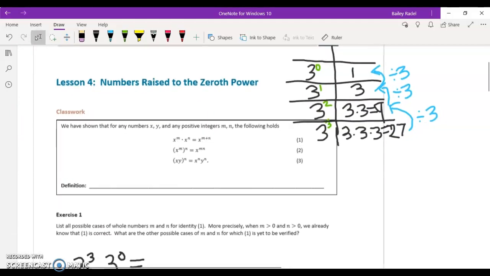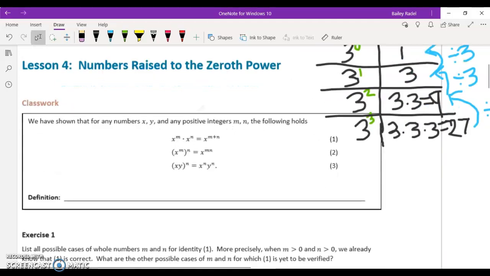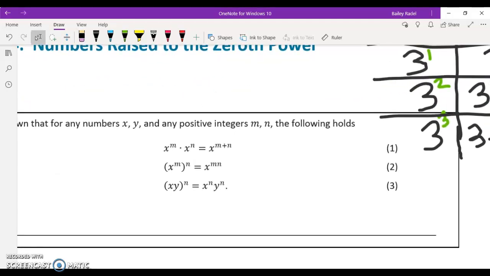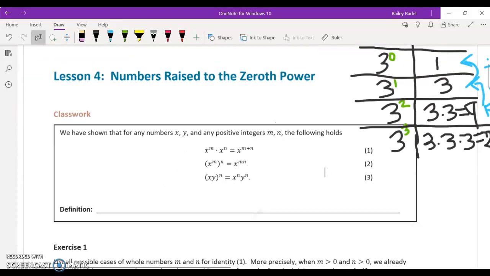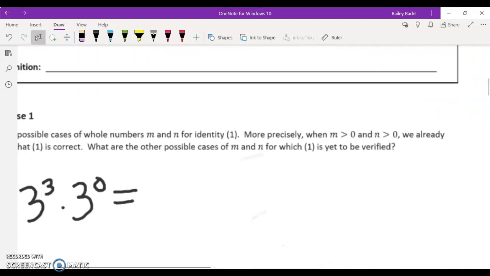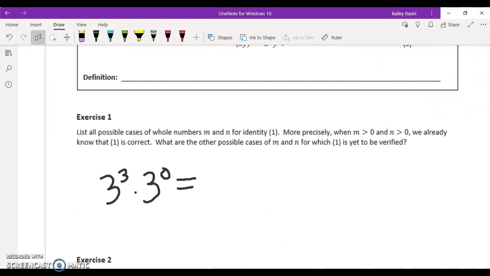So the first rule that we learned is that when we have a base x raised to m times the base x raised to n, we can keep our base of x and add the exponents. That has to work when m or n is equal to 0. So let's see if it does. So in exercise 1, go ahead and write 3 raised to the 3 times 3 raised to the 0.